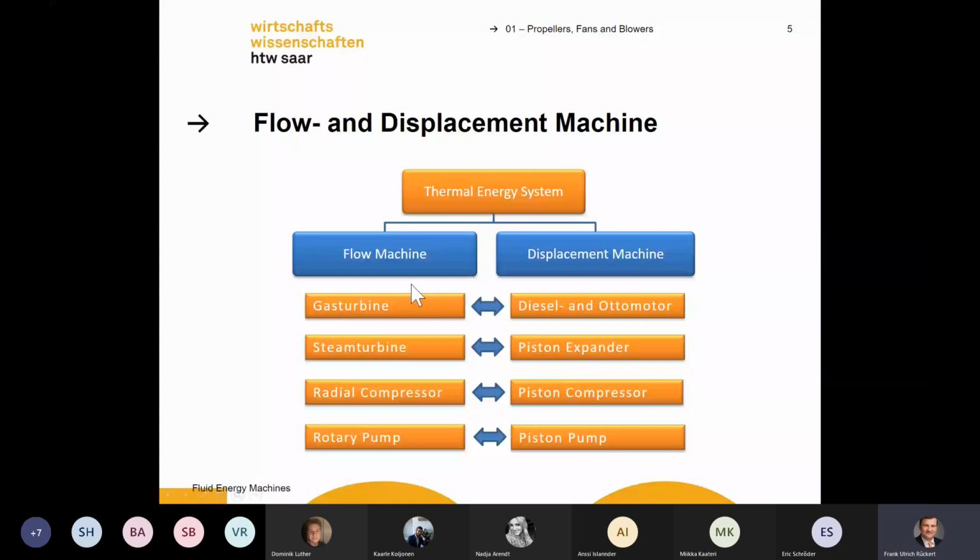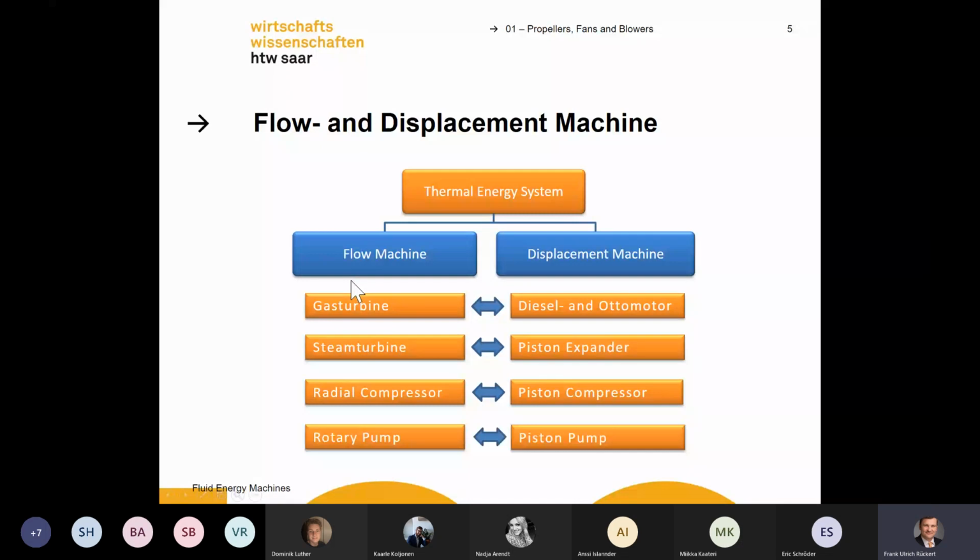For example, flow machines are gas turbines, steam turbines, radial compression machines, or rotary pumps. And in a flow machine, we don't have a big pressure difference. In most cases, we have high velocities, and the fluid will rotate some parts, yeah? And then we will produce energy or electricity with these rotating parts.